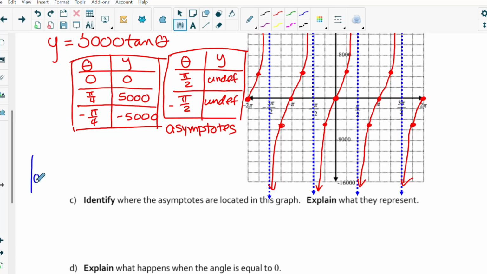If I have a very small theta, and I make the theta progressively bigger, right? Let's make it a little bit bigger, and let's make it even bigger.